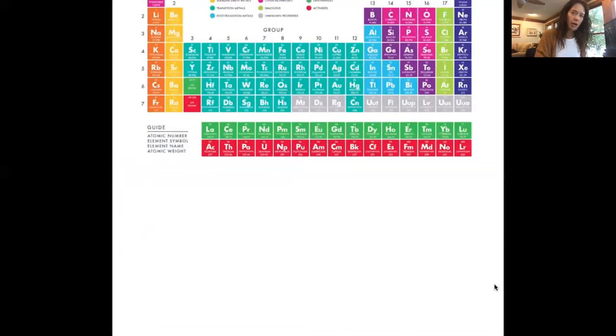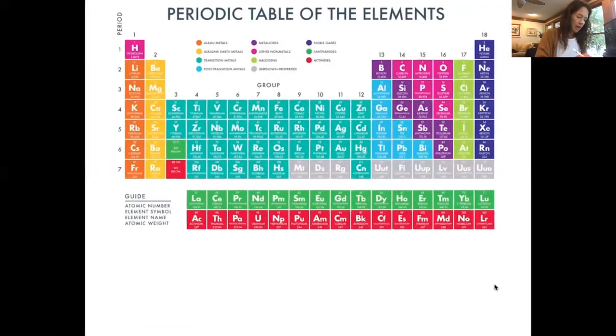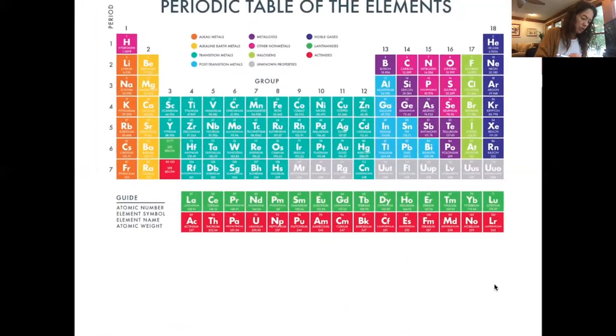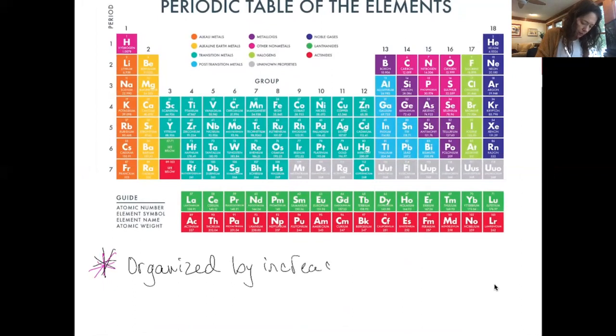a minute. All right. And let's look at a couple things that you may or may not be aware of. First of all, hopefully you realize that the periodic table is organized by increasing atomic number.